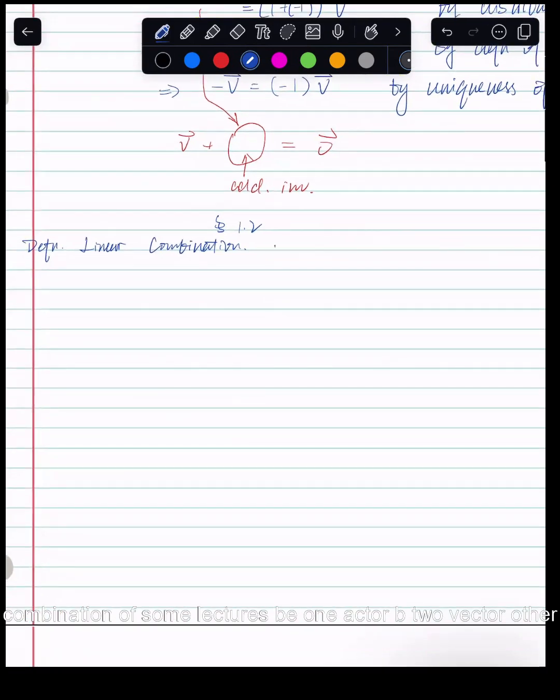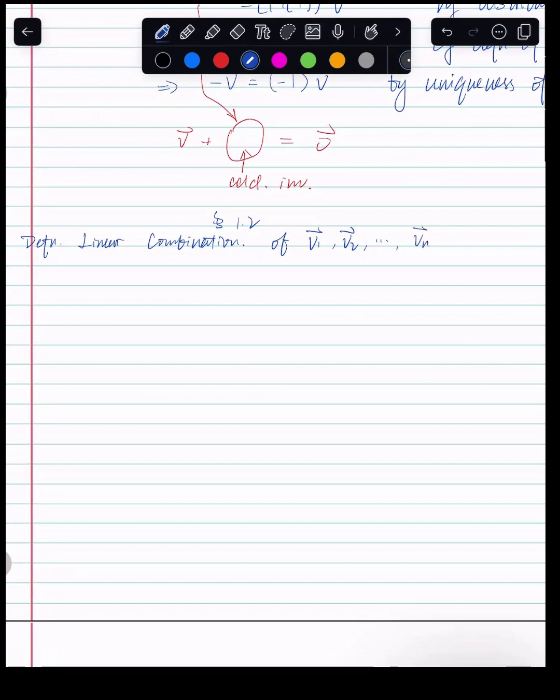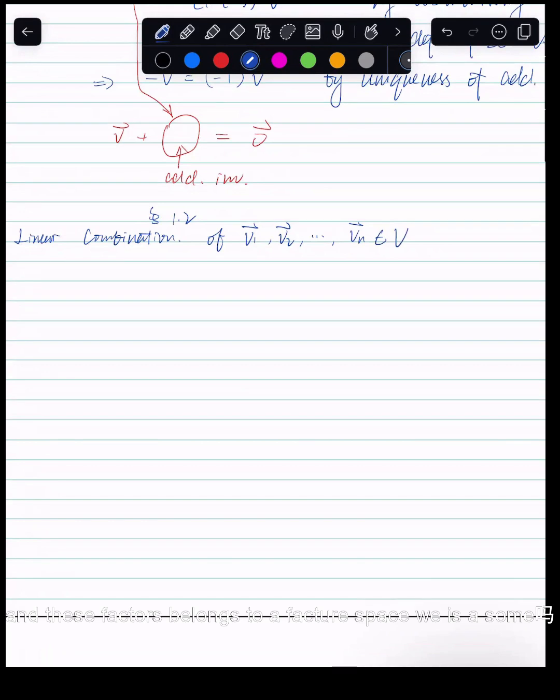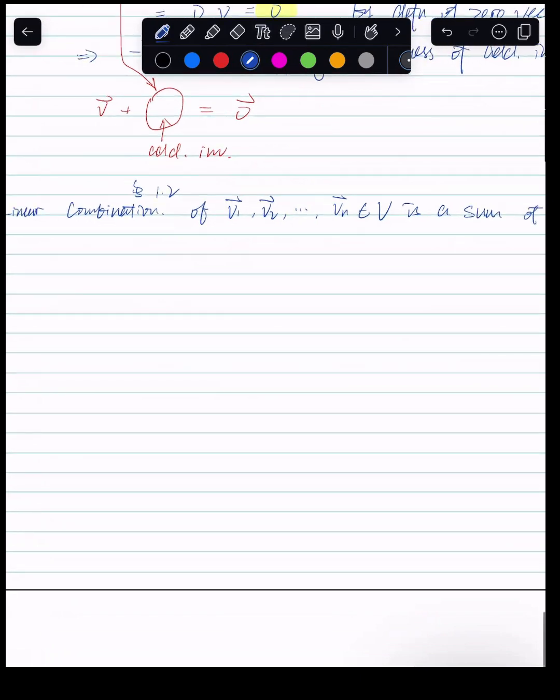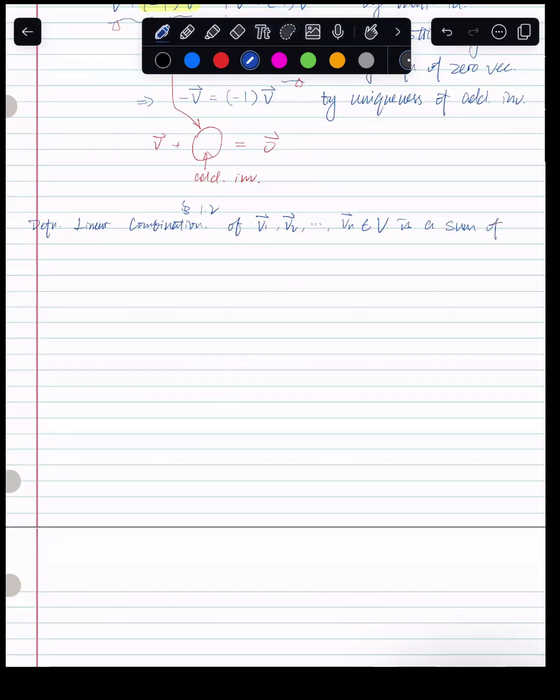A linear combination of some vectors v1, v2, all the way to vn, where these vectors belong to a vector space V, is a sum of the form alpha 1 v1 plus alpha 2 v2 plus alpha 3 v3 plus and so on up to alpha n vn.